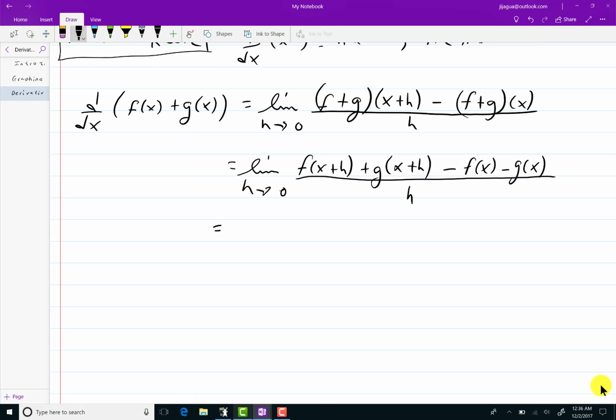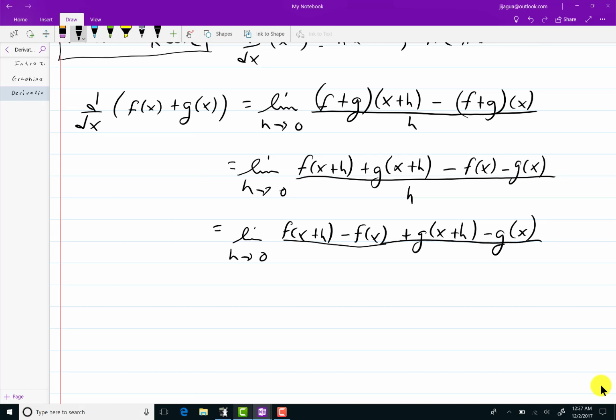Let me gather the f's together and the g's together. So we're going to have the limit as h goes to 0 of f of x plus h minus f of x plus g of x plus h minus g of x. Let me extend this vinculum, divided by h.